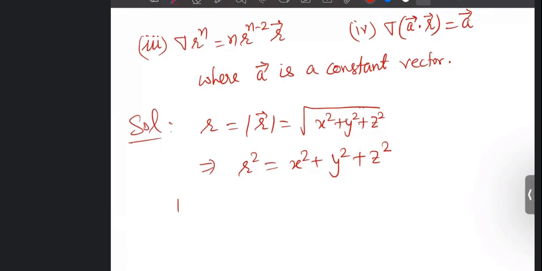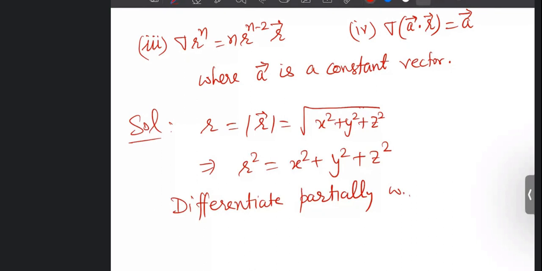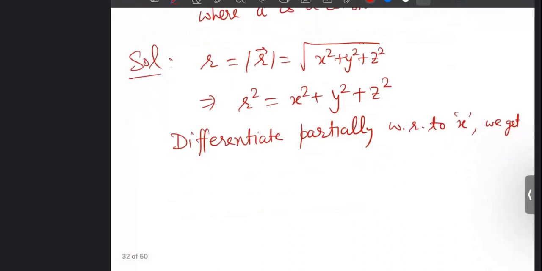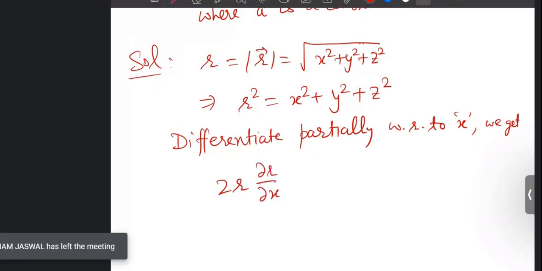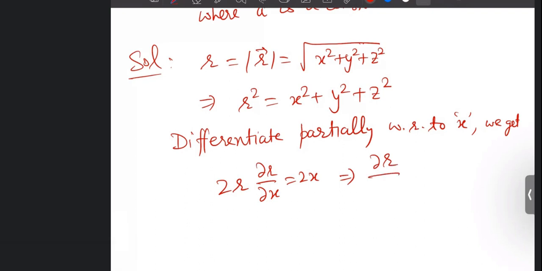So differentiating partially with respect to x, we get 2r into ∂r/∂x is equal to 2x only. This implies ∂r/∂x is equal to x upon r.